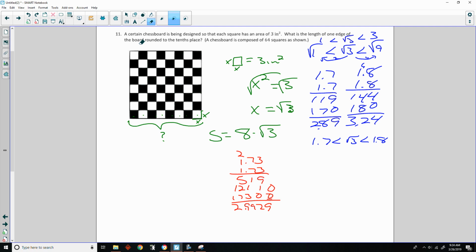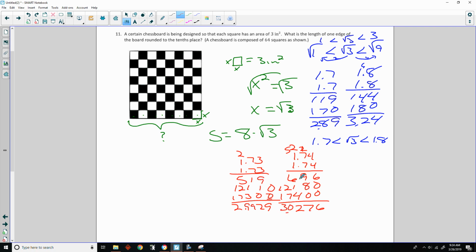And we're going to do 1.74. Okay, so 1.73 squared is 2.99, 1.74 squared is 3.02, so now I know 1.73 is less than the square root of 3, which is less than 1.74.